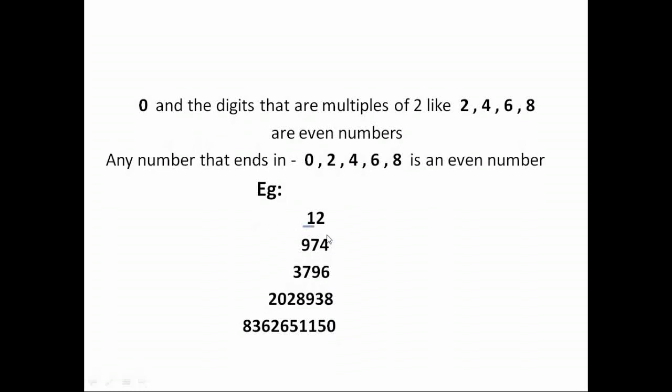Because at the ones place, we have 2 for this number. Then for 974 we have 4 at the ones place. For this number we have 6 at the ones place. For this number we have 8 at the ones place, and this number we have 0 at the ones place. So if you find any such number which has any of these 5 digits in the ones place, you can say that that number is an even number, and that entire number can be easily divisible by 2.